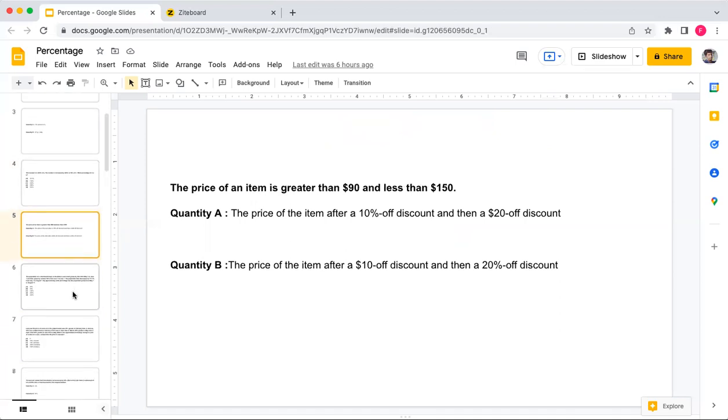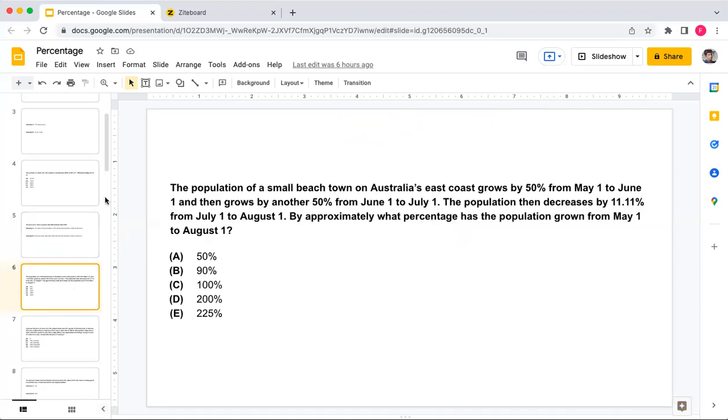Just leave this question and solve this later. Okay, try this question. Again, try to solve this using fraction conversion of the percentage into fraction instead of using the percentages as they are, right? Just solve this.